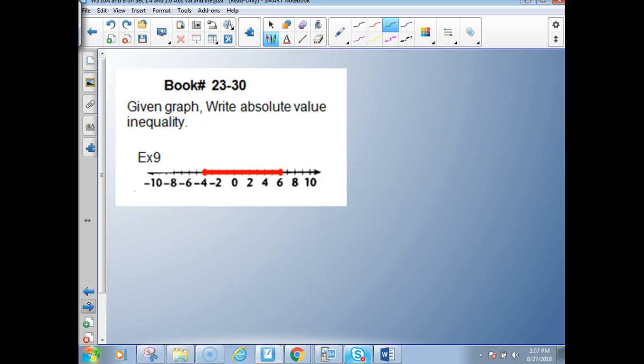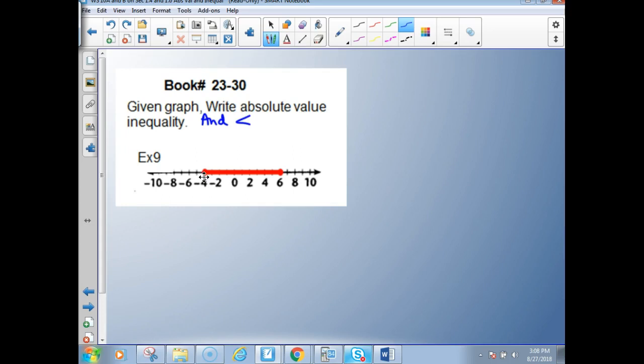All right, then we have a book problem. I want to show you how to do a problem that is in your book. And I'm going to try to have you think about what I'm writing. I want to write an absolute value inequality. Based on the picture, is this an and or an or? Since it's between two numbers, it's an and, which means it's going to be less than.